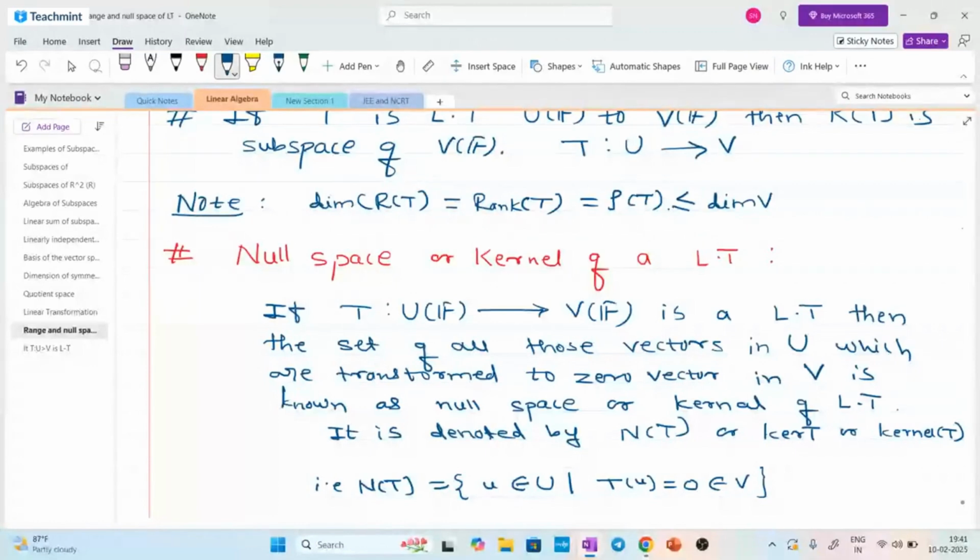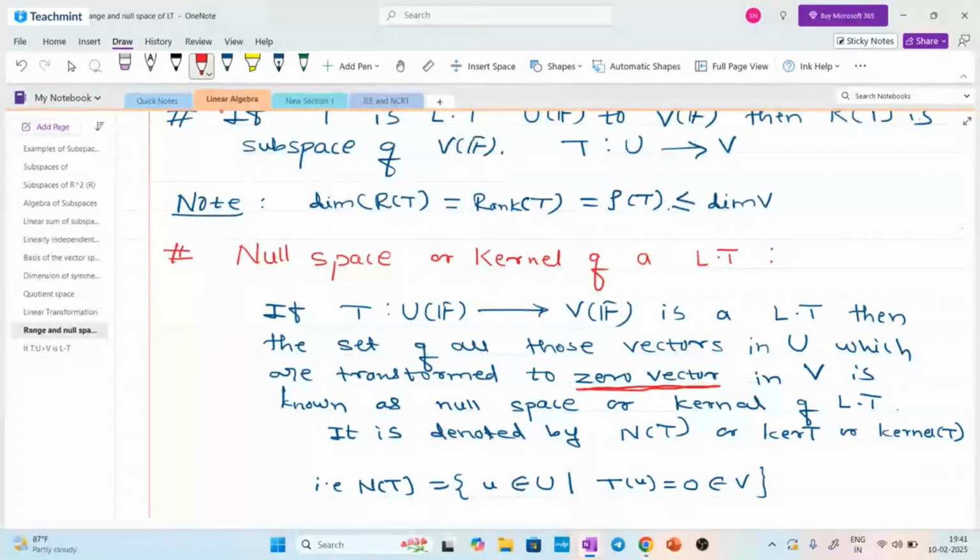Their images must be zero. It is most important here: it is a zero vector. You take those vectors in U which are transformed to zero in V, the zero vector of the codomain vector space.